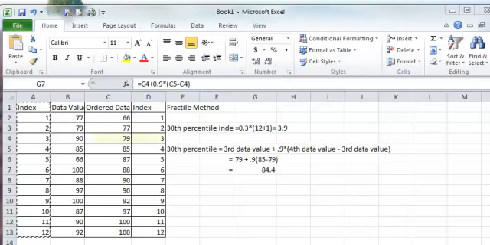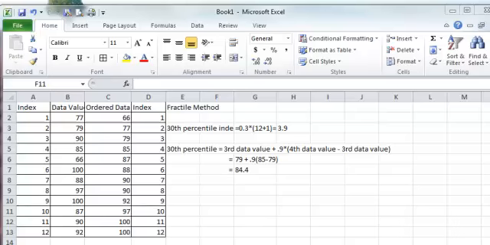So here we see our third data value is 79. We're going to add to that 90% of the difference between the fourth data value, which is 85, minus 79. And our answer for the 30th percentile is 84.4.